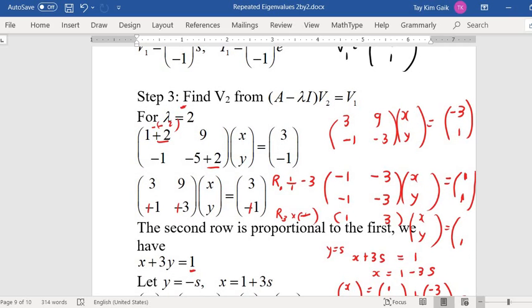So I have this, and then this is negative 1.